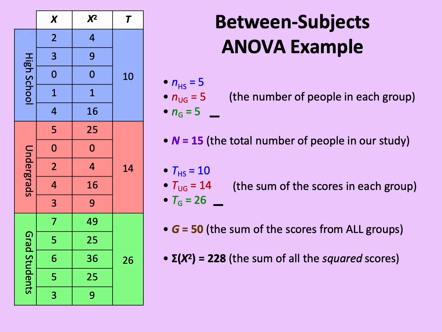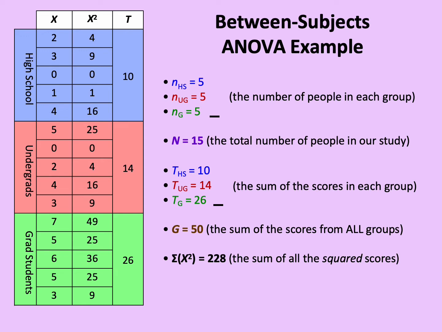So we do the same thing for undergrads: we input the scores directly from our data set, we square those scores, and then we add up all the values of X, and that's how we get 14. And we do that again for grad students.